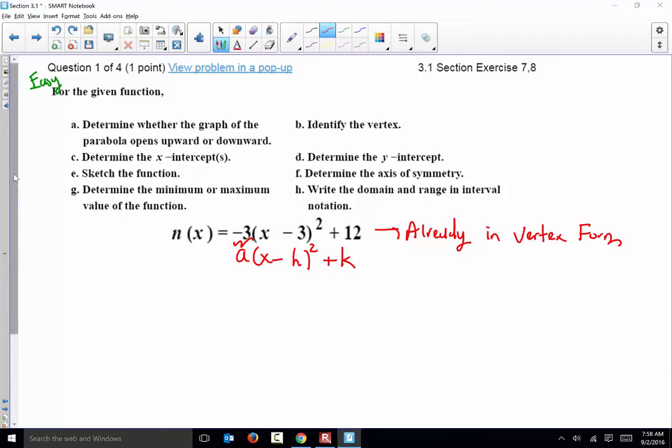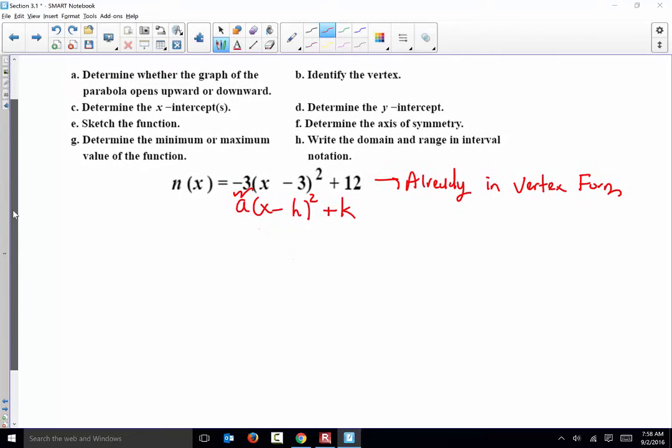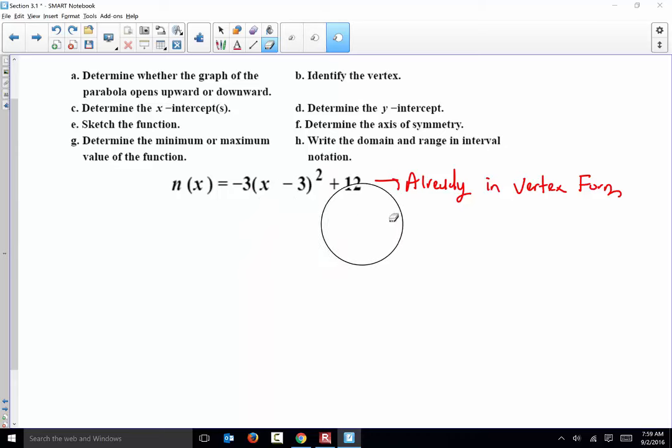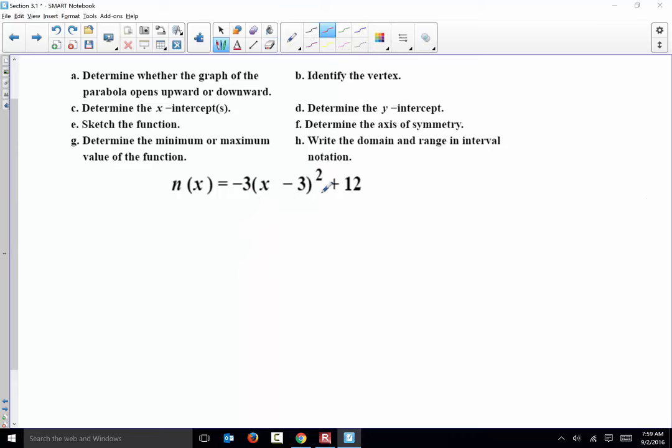Alright, let's start serving this meal. I told you this is already in vertex form, seed form. You need to first determine in part A whether the graph of the parabola either opens up, upward direction, or downward direction. Which way?